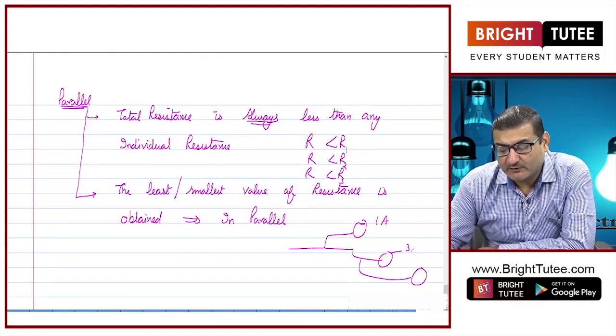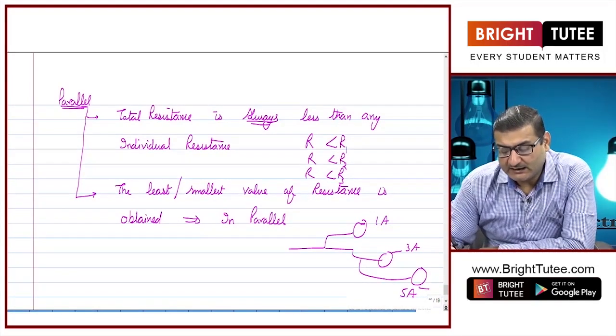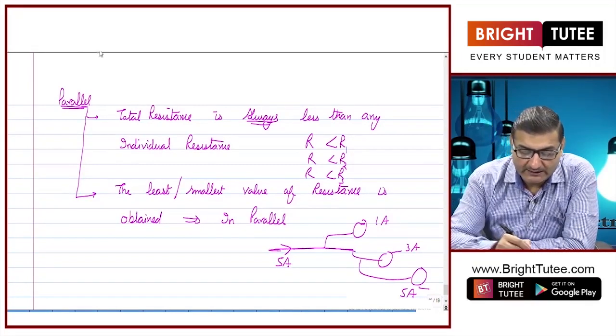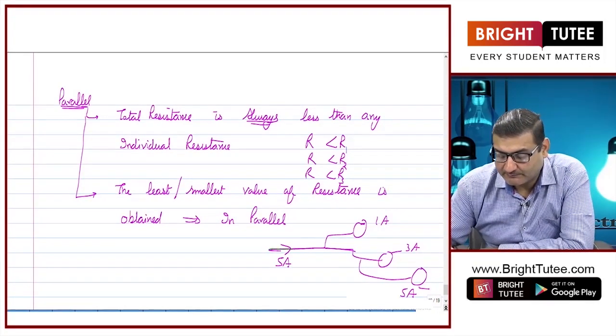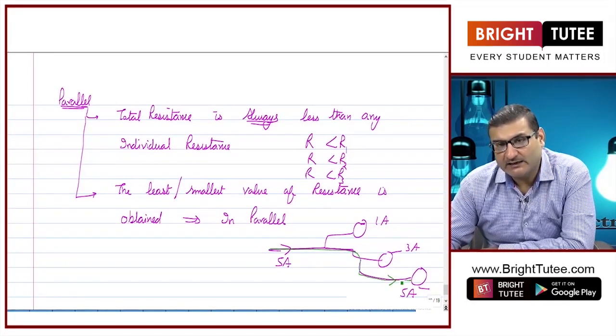This component requires 3 ampere current and this component requires 5 ampere current. And for example, I am providing 5 ampere current. So, this 5 ampere current, when I allow in component number 3, I will not restrict its flow. Why? Because it is going to work on 5 ampere.